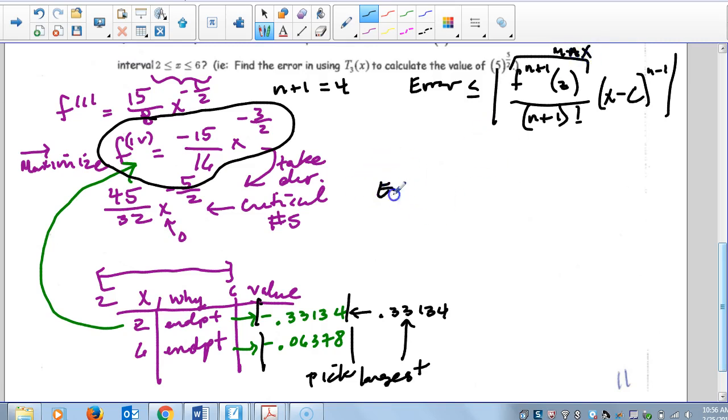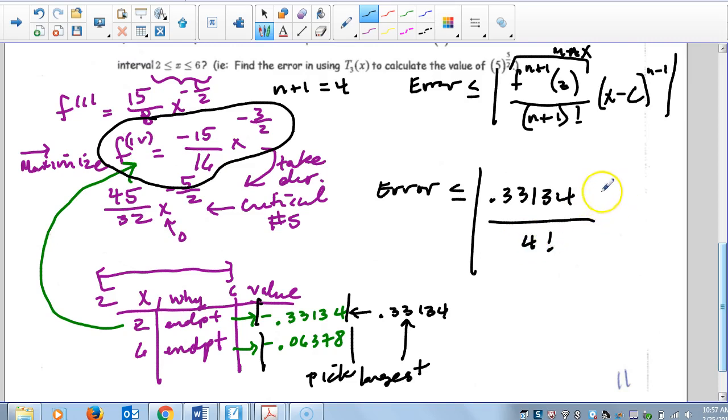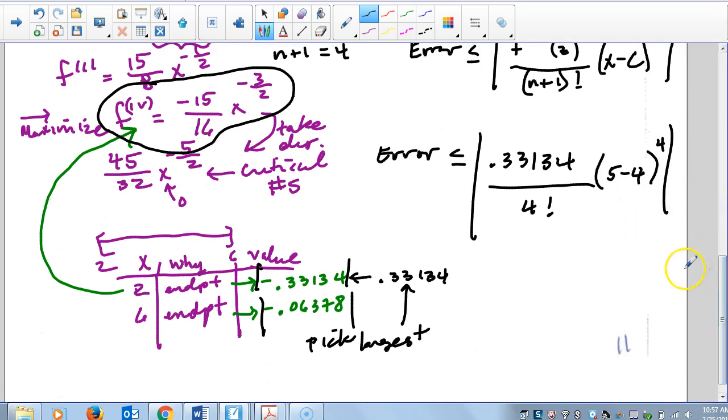So my error is going to be within that maximum, so 0.33134 over 4 factorial. Now my interval, remember I'm using 5, so it's 5 minus 4 to the 4th power. So the idea is we want the error to be as big as possible so we can be absolutely assured.